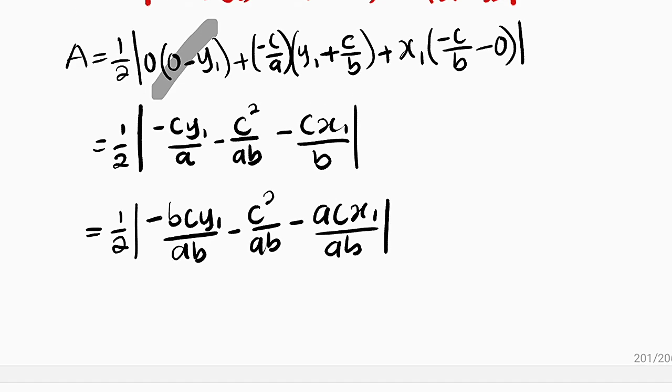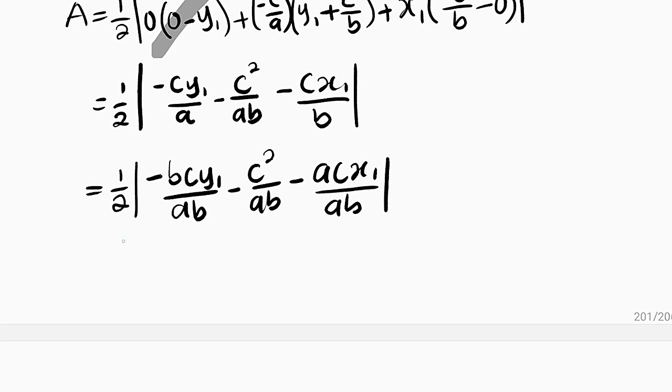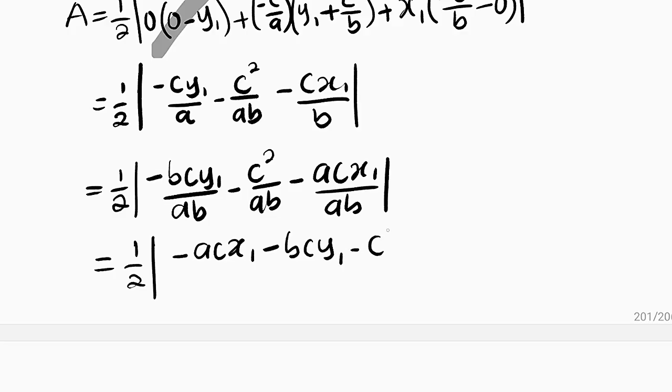All right, now we are free to add the numerators because we have the same denominators. We have negative, I would like to start with the term with a, it doesn't matter. We have acx1, then the one with b, minus bcy1, then minus c squared.